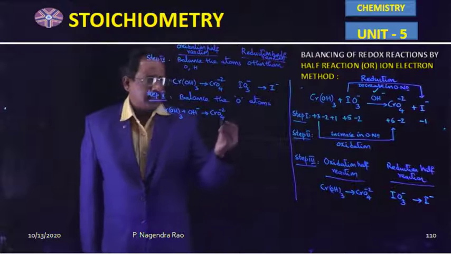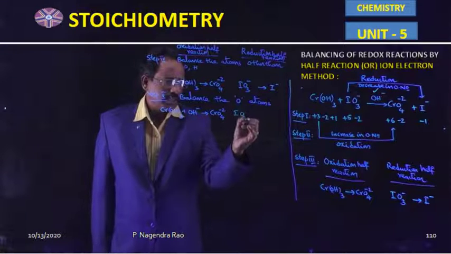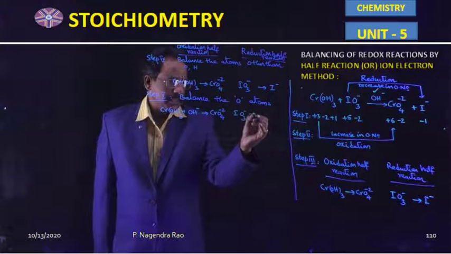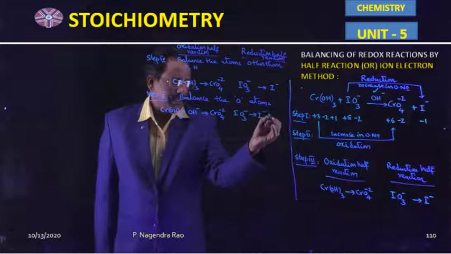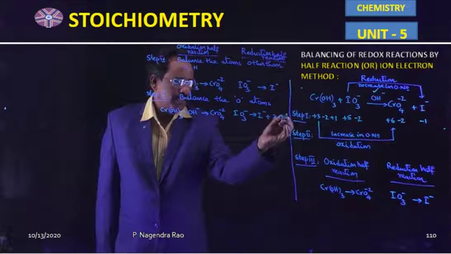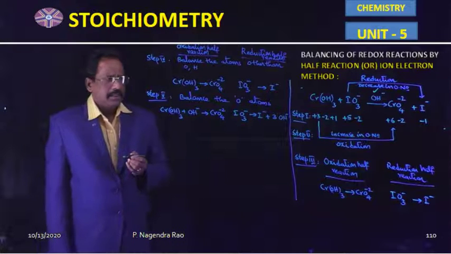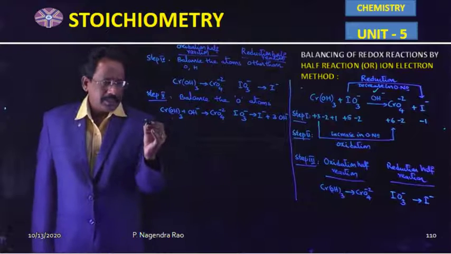In the product side there is no oxygen. That's why IO3⁻ is converted into I⁻ plus 3OH⁻.